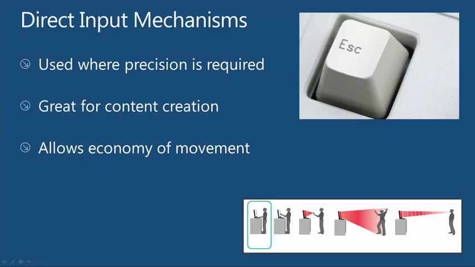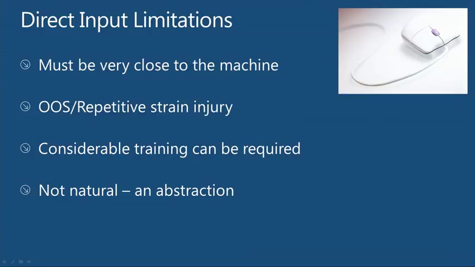And it also allows for economy of movement, which is really required when you're at it 8 hours a day. You can't be waving your hands around and playing around with the machine when you're doing it 8 hours a day. Limitations, we all know these. It's nothing new. Being close, like you've got to be at the machine, at the desk.